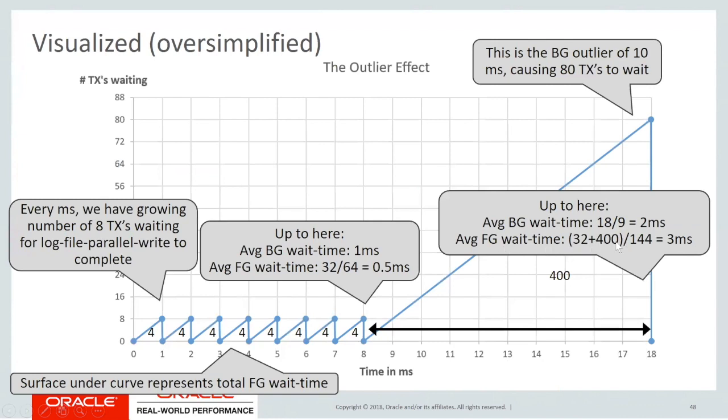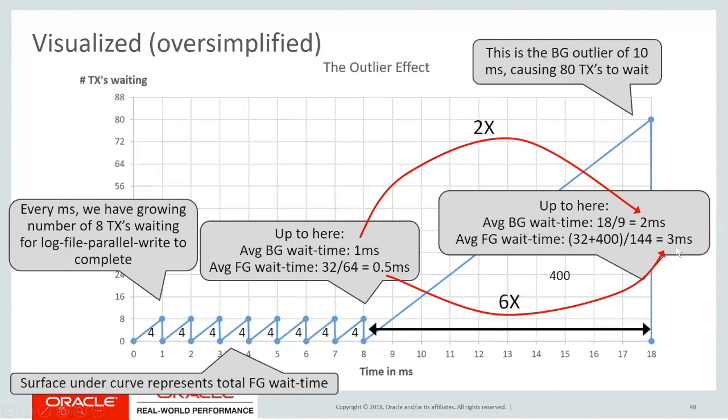Again, take the surface area under the curve, 32 plus 400, divided by 18 times 8 transactions per millisecond, divided by 144. My average foreground wait time has gone up to 3 milliseconds. So what's the result of this outlier? The background wait time has gone up by a factor of 2, but the foreground wait time has gone up by a factor of 6.